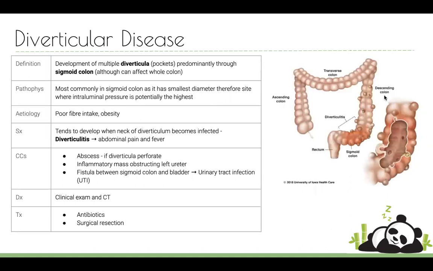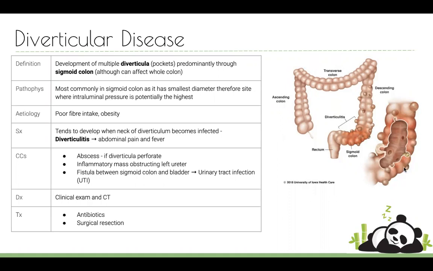Diverticular disease might also be a presentation of acute abdomen. But it also might be just something people have. Essentially, there are these little pockets like this, and it's usually because you get so much pressure in here that your bowel wall starts herniating a little bit.